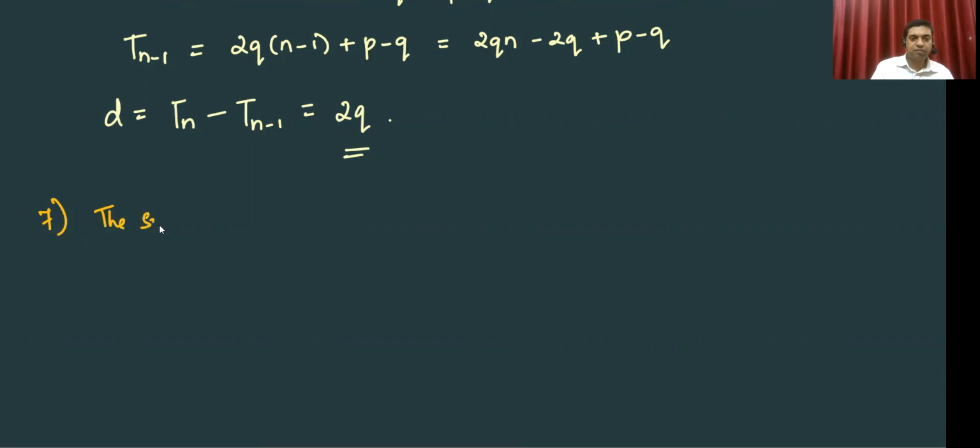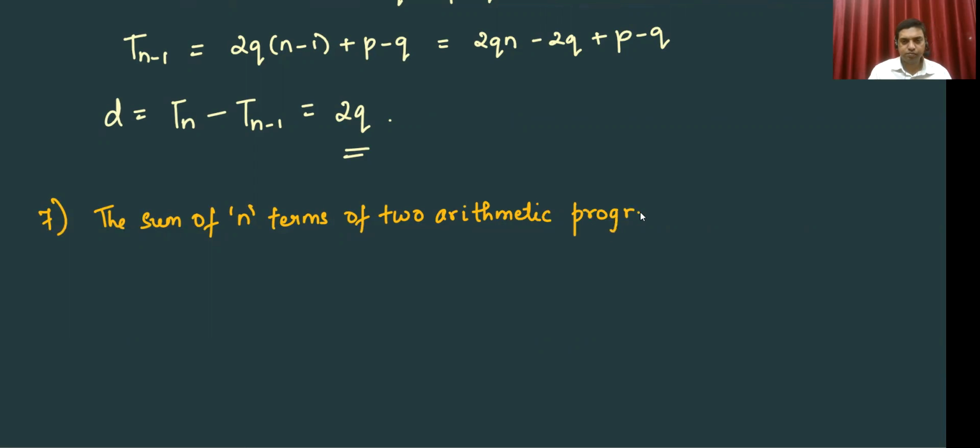The sum of n terms of two arithmetic progressions are in the ratio 5n plus 4 is to 9n plus 6.